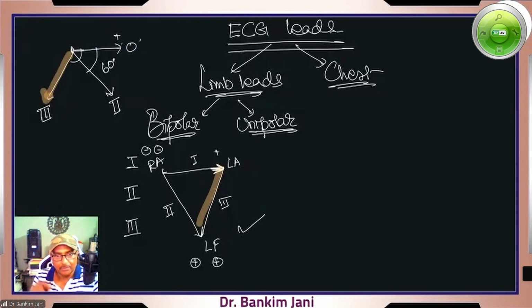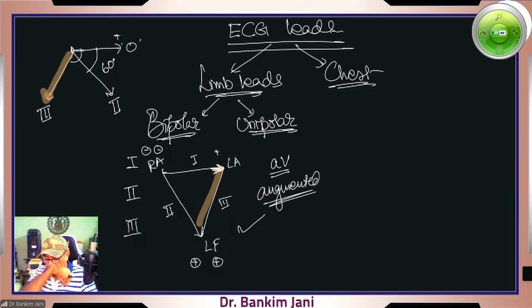Unipolar means from wherever you are detecting, you keep it positive, and the rest of the area is turned neutral. These are called the augmented vector leads, AV leads.